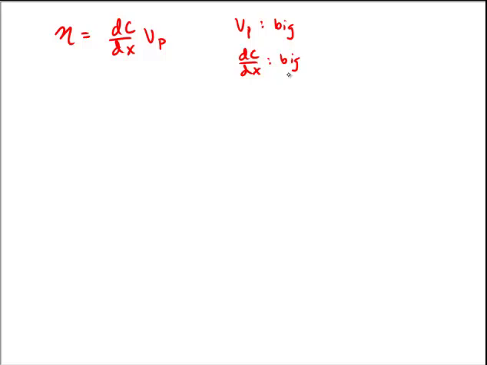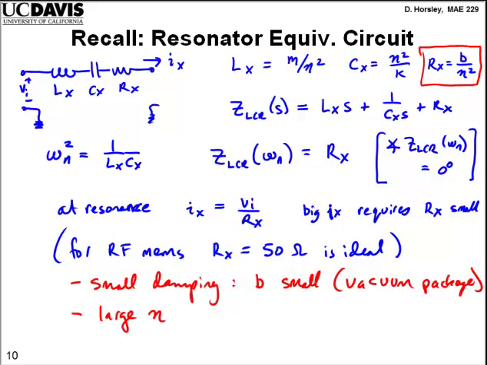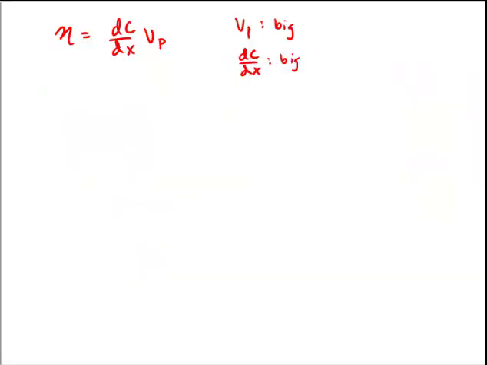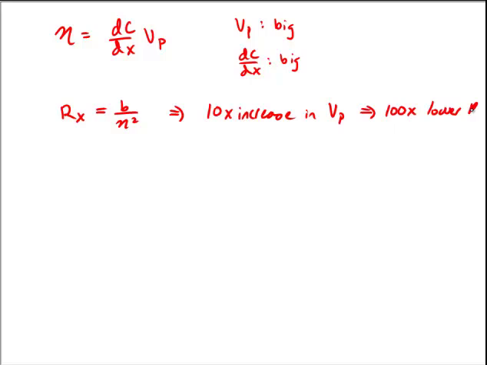I'll also mention that if we look back at the equation, eta appears squared in the equation for Rx. Rx is equal to B over eta squared. So that says basically a 10x increase in the bias voltage Vp gives a 100x reduction in the series resistance, the motional resistance.